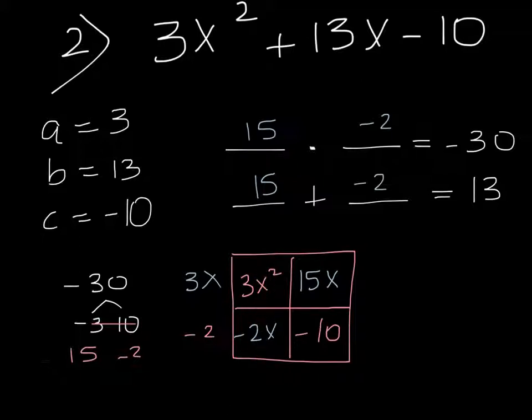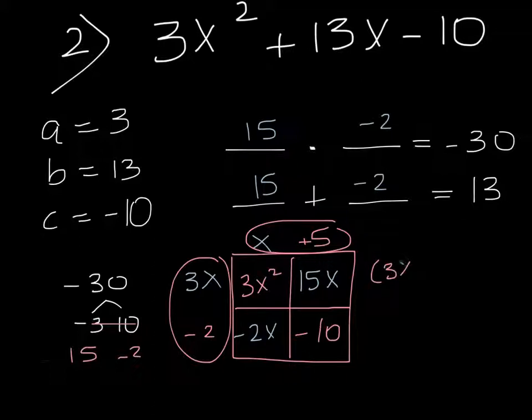Just x. And what's the common factor between 15x and -10? I can see a 5. So, don't forget this is a positive 5, so these are my two factors: 3x minus 2 and x plus 5.